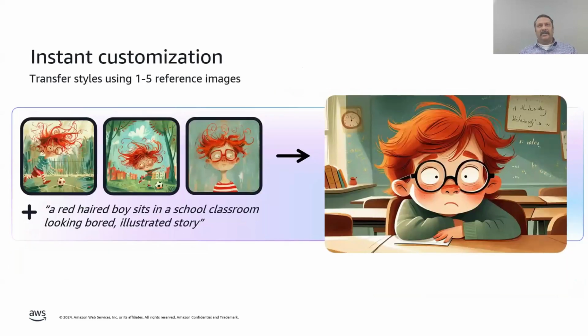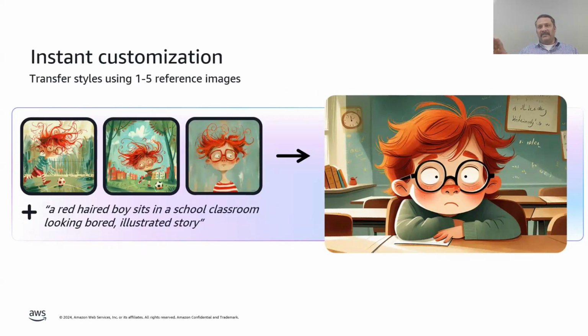Instant customization is another feature that allows you to add 1 to 5 reference images, like what you see on the left hand side, and those reference images would be used to apply a style that you want to see on the output image. Then you can also combine that with an additional prompt that instructs what the main character or scene should be in the final image.